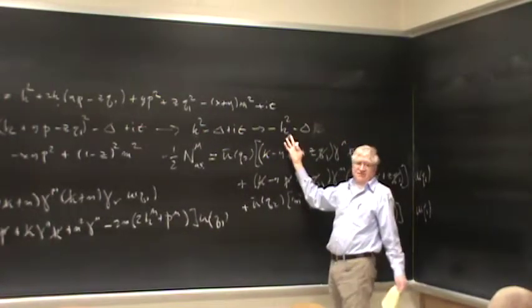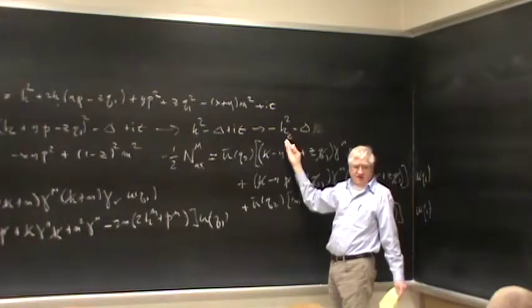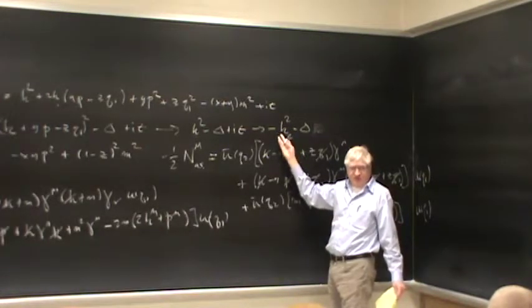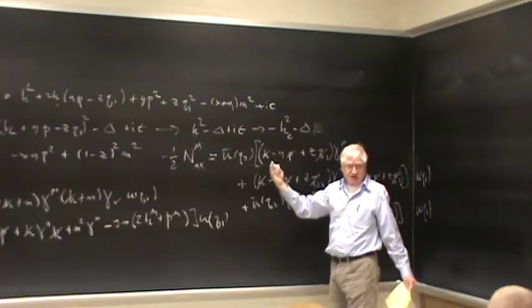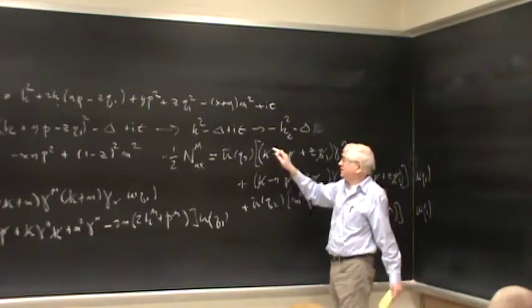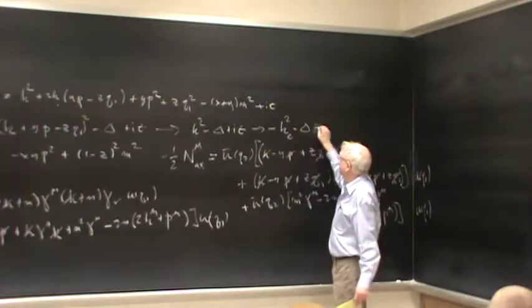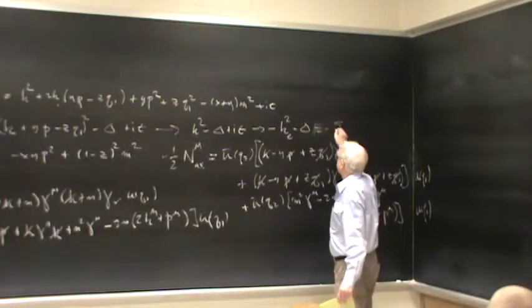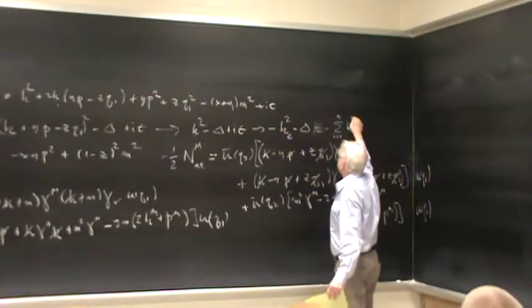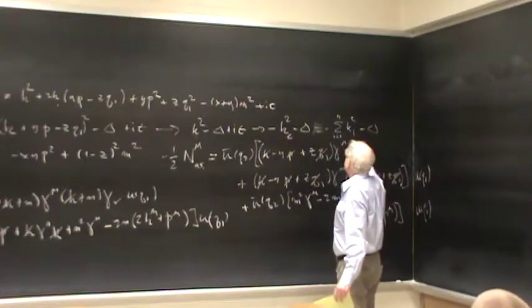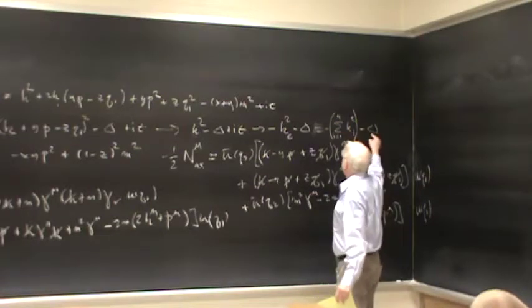So now we have a 4-vector, a sum of 4 things squared, and so you have this O(4) symmetry in k. In other words, this is minus the sum over i equals 1 to 4 of k_i squared minus delta.